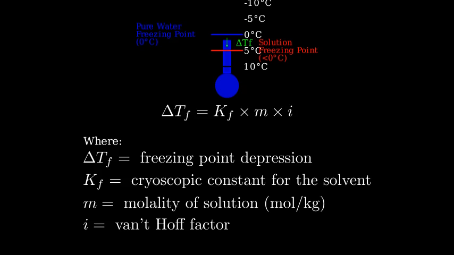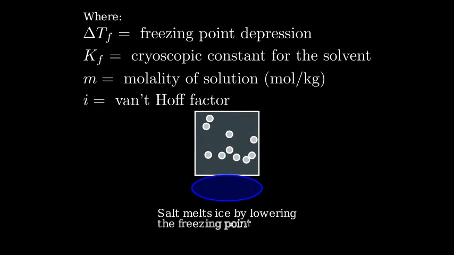We calculate it using the formula ΔT_F = K_F × m × i, where ΔT_F is the freezing point depression, K_F is the cryoscopic constant specific to the solvent, m is the molality, and i is the van 't Hoff factor. A common example is adding salt to ice to melt it in winter. The salt lowers the freezing point of water, so ice melts even when the temperature is below 0 degrees Celsius.